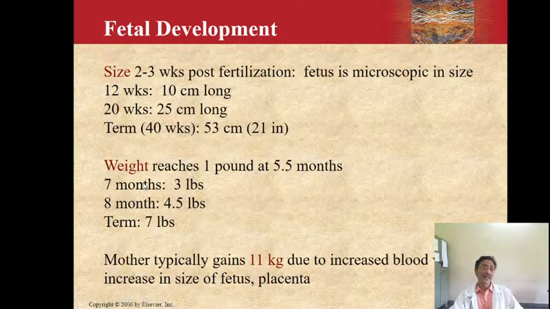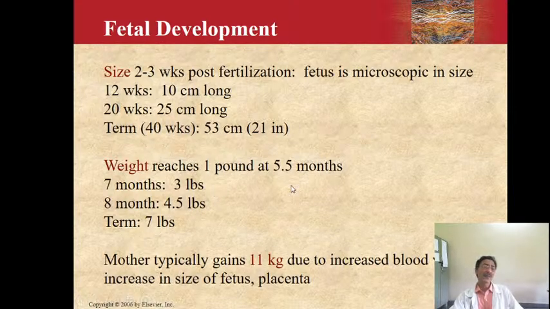Similarly, the weight at around 5 months of conception should be around 1 pound. By 7 months, it is around 3 pounds. At 8 months, it is around 4.5 pounds, and at term, it should be around 7 pounds. Remember, 1 pound is roughly half a kg.